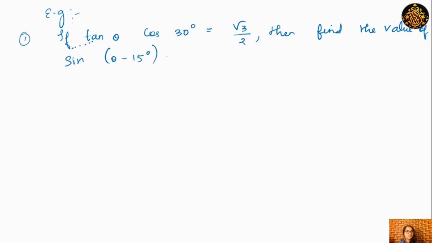Our question is, if tan theta cos 30 degree equal to root 3 by 2, they have given the value for tan theta cos 30 degree, then we should find the value for sin of theta minus 15 degree.